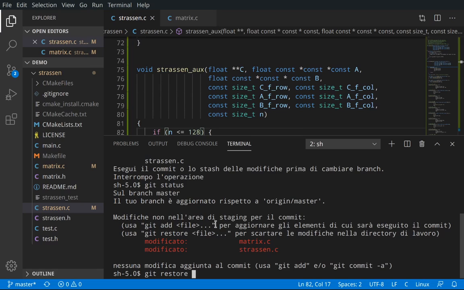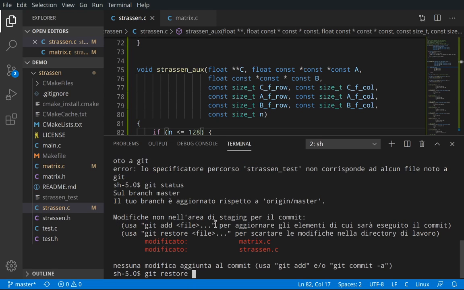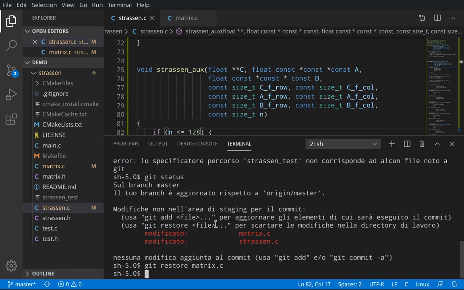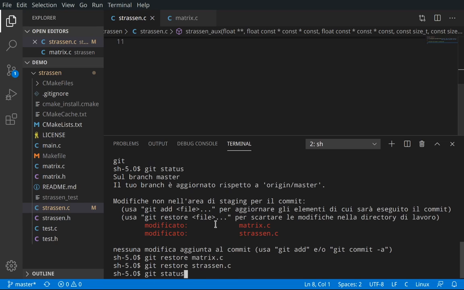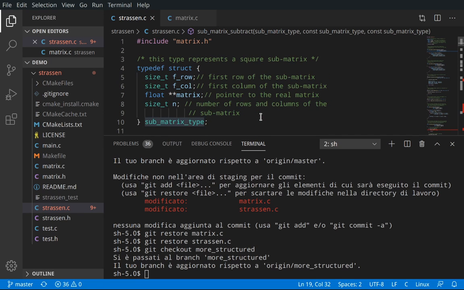Let me go back to the last version. Okay, and let me just make some comments about this version.